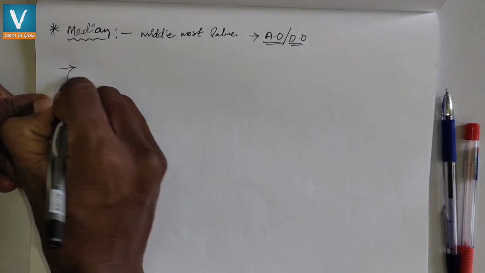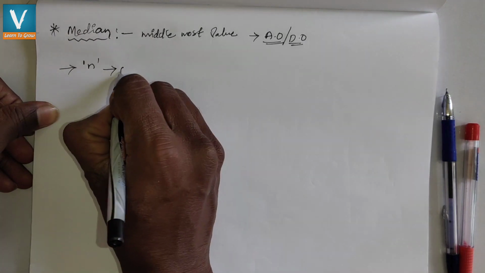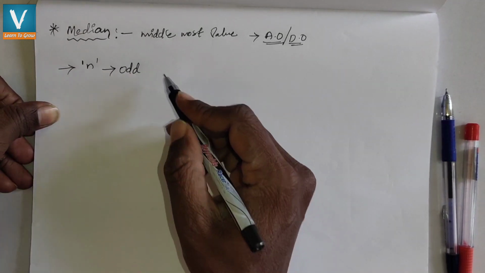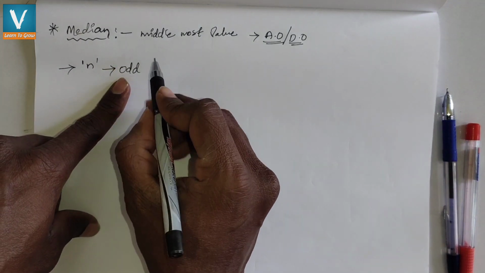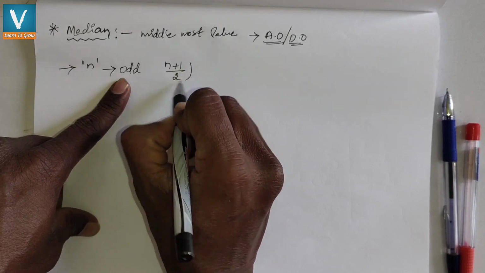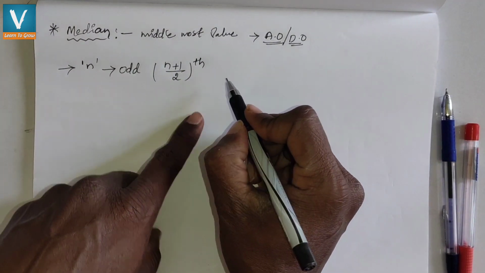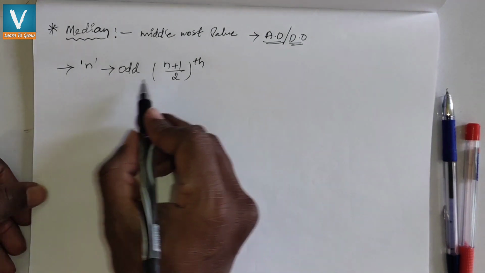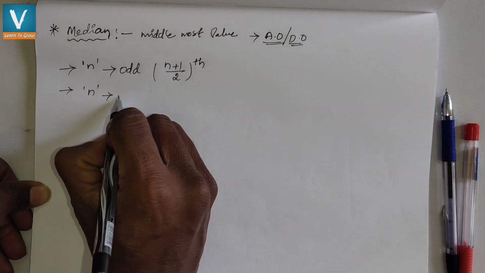Suppose the given number of observations n is odd, that is 1, 3, 5, 7, 9 like that. If the number of observations is odd, then we have the formula (n plus 1) by 2. So the (n plus 1) by 2 term will be the median of the observations. The second case is if the number of observations is even.